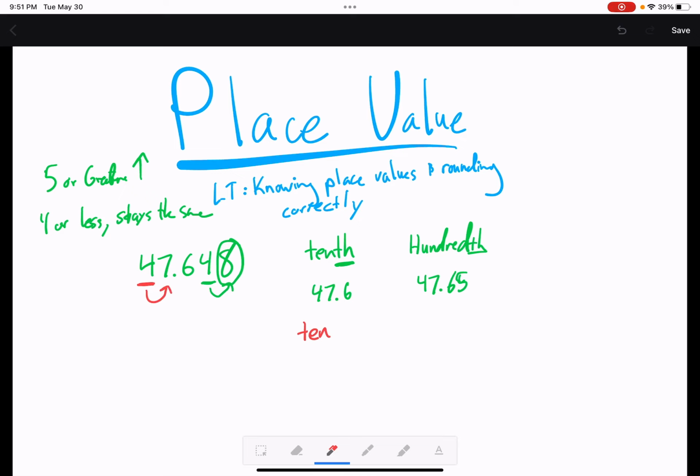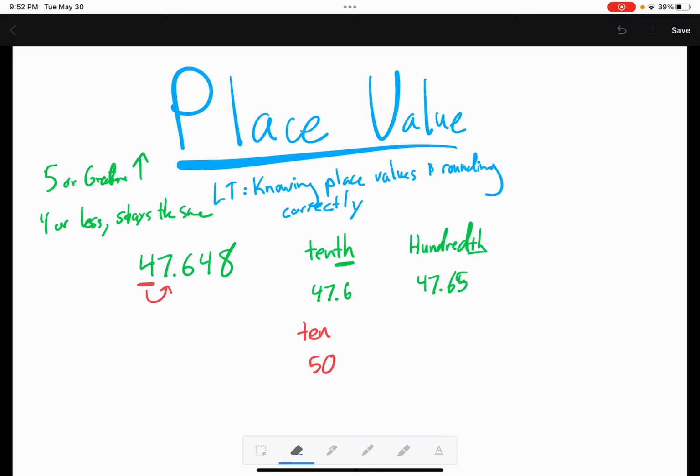Look at the next number over, which is a 7, and since it's 5 or greater, I'm going to bump it up 1, and so it's going to be about 50. Once you've identified where you're rounding to, you're not going to have any other numbers after it. You might have zeros if you're looking at tens and hundreds or thousands without the THs, but you won't have anything else after in terms of a decimal.